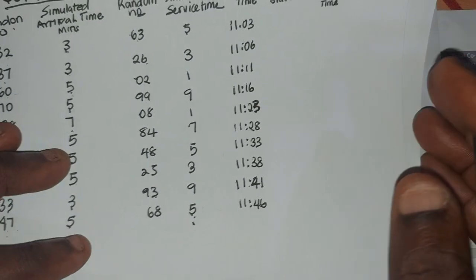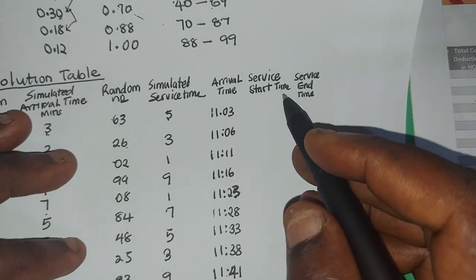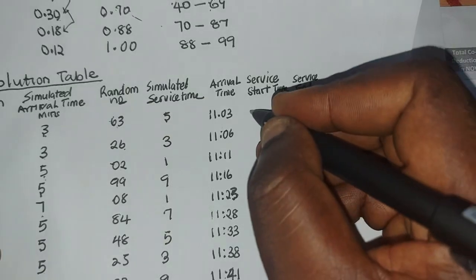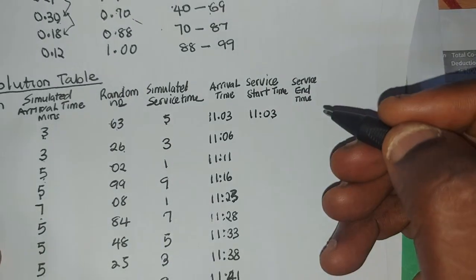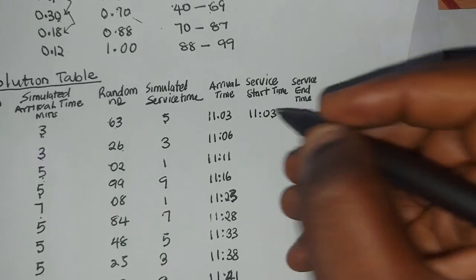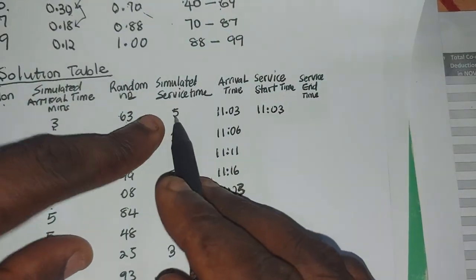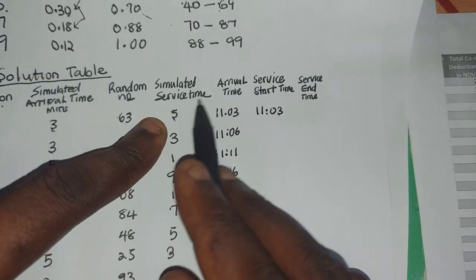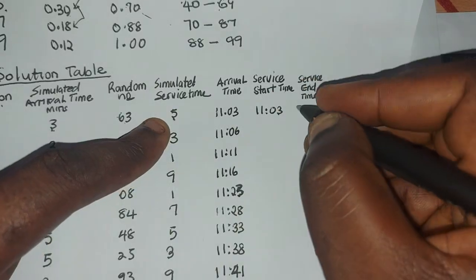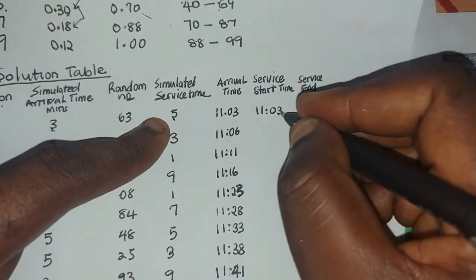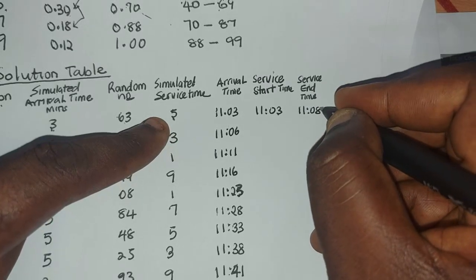All right. Now let's look at the start time. Of course, the first customer starts service as he arrives. That's the assumption. Okay, 11:03, and if you look at the simulated service time, it is 5. It means the service will end 5 minutes after, that is 11:08.